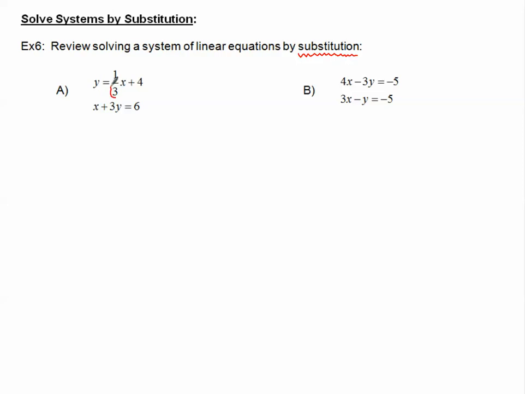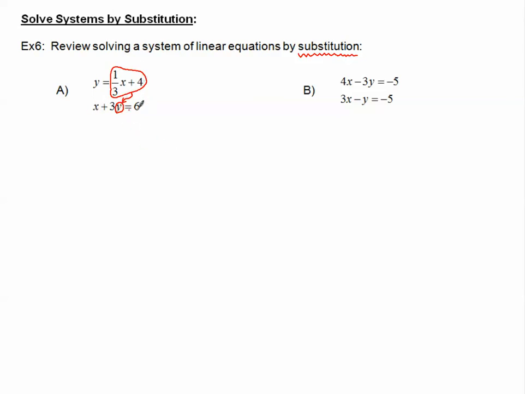So that means that this stuff, I'm going to circle it. And since y equals that, I'm going to take this y in our second equation, and I'm going to substitute this 1/3 x plus 4 into the second equation in place of that y. It's a substitution. This y goes away, and the 1/3 x plus 4 takes its place.